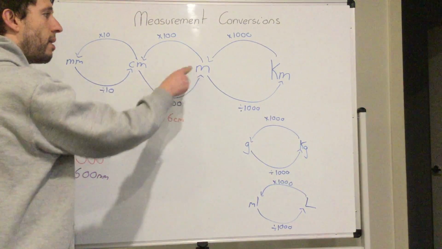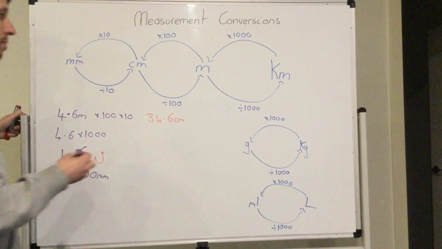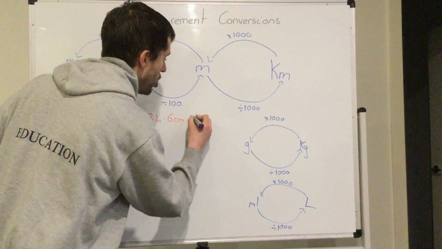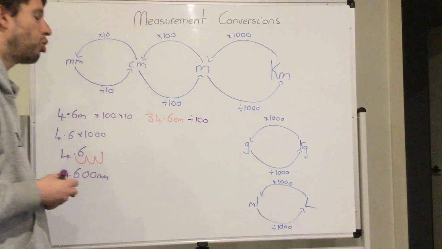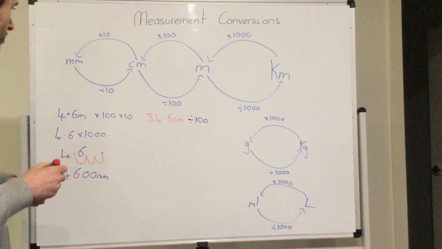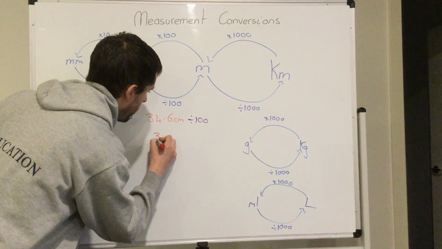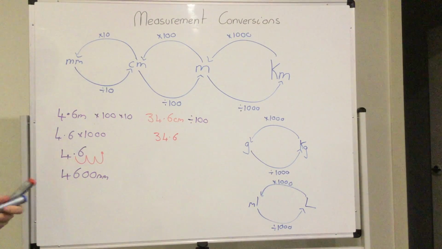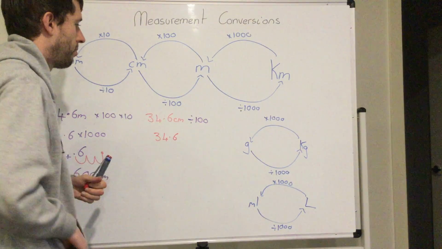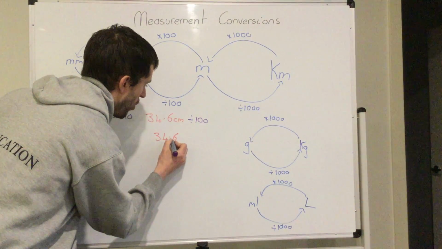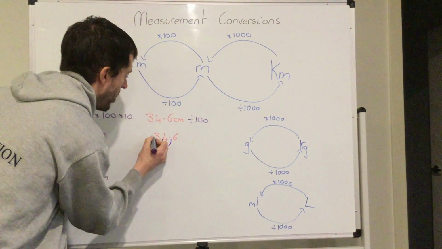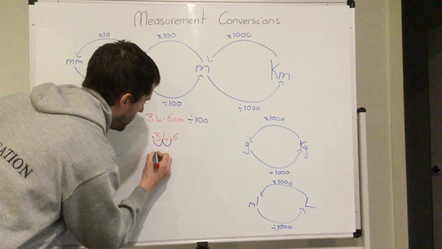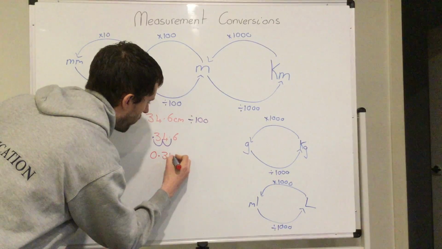We need to divide it by 100. So when I divide by 100, I am moving my decimal place 2 places. So if I write my number down, 34.6, if I move my decimal place 2 places, 1, 2, that is where my new decimal is, and it becomes 0.346.